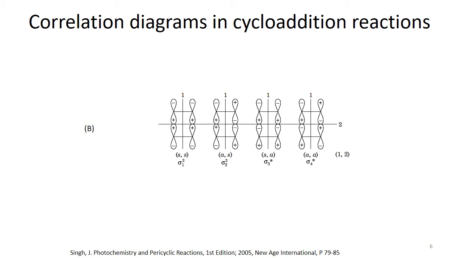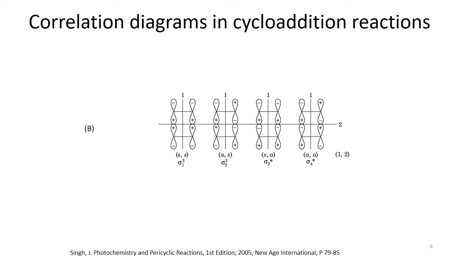Here we interact these molecules in an antarafacial way and then a suprafacial way. According to antarafacial interaction there shall be one node, and suprafacial interaction there shall be no node. So psi1 square has 0 node, and psi2 square has one node present, but this one is formed from the pi star of ethylene molecules.